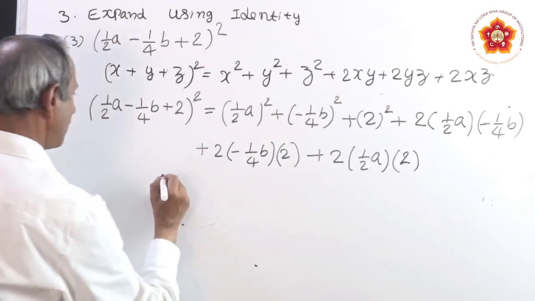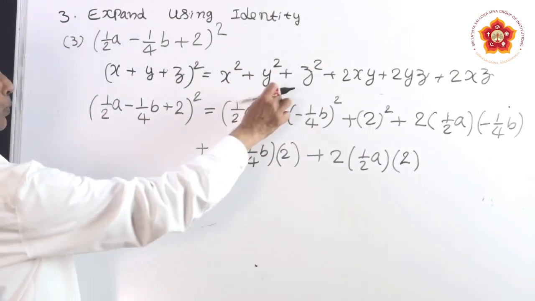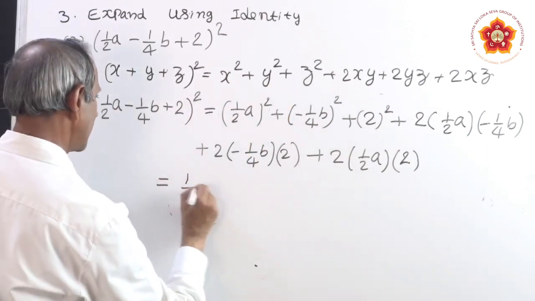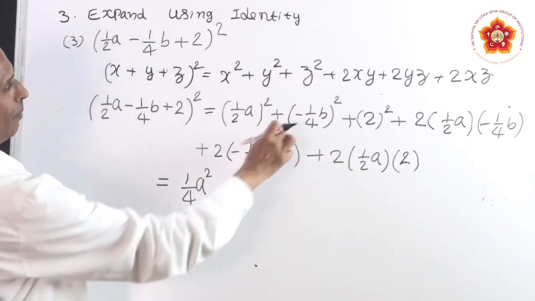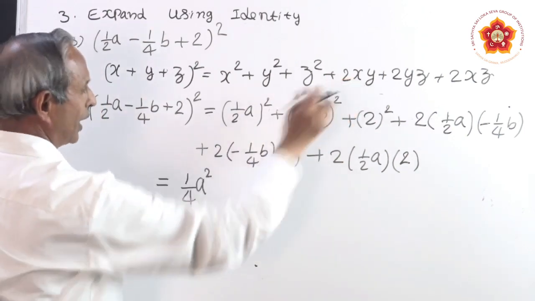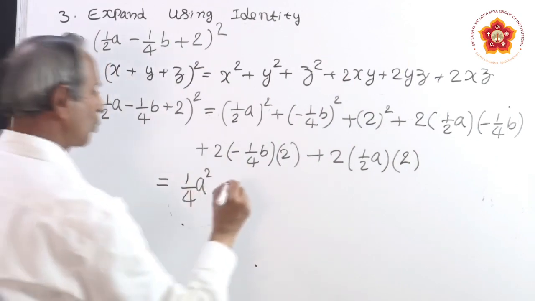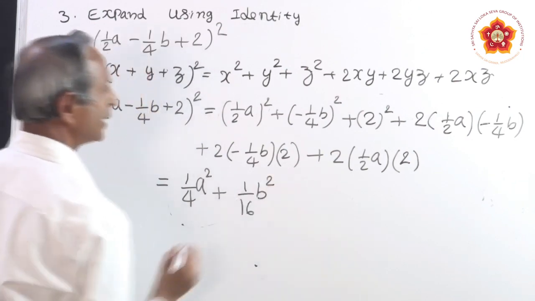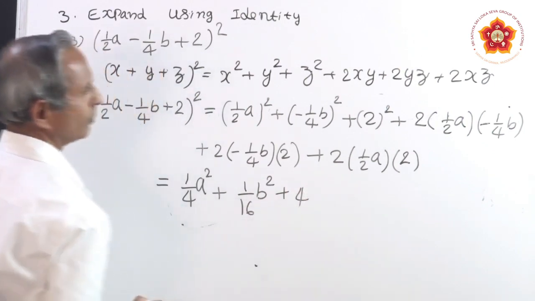Now let us find the final answer. 1 by 2 whole square means 1 by 2 into 1 by 2, it becomes 1 by 4 a square. Now here minus multiplied twice, you will get a plus sign, write plus only. 1 by 4 square becomes 1 by 16, therefore b square write as it is, plus 2 square becomes 4.